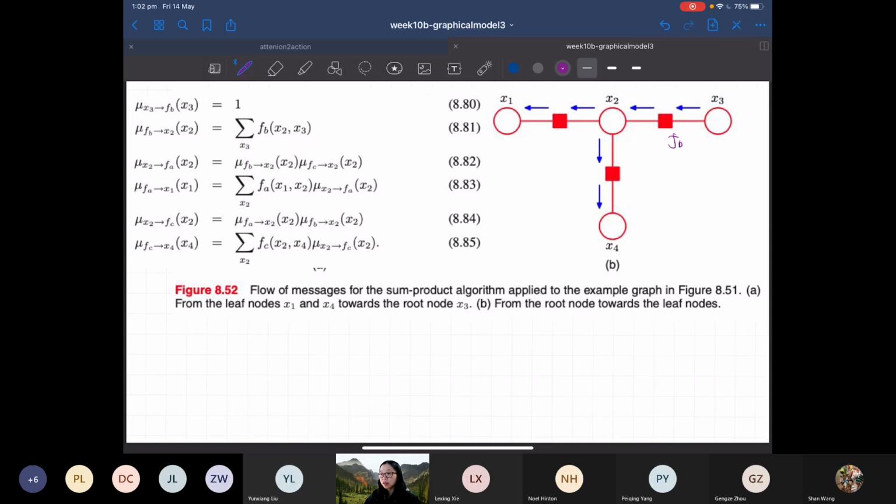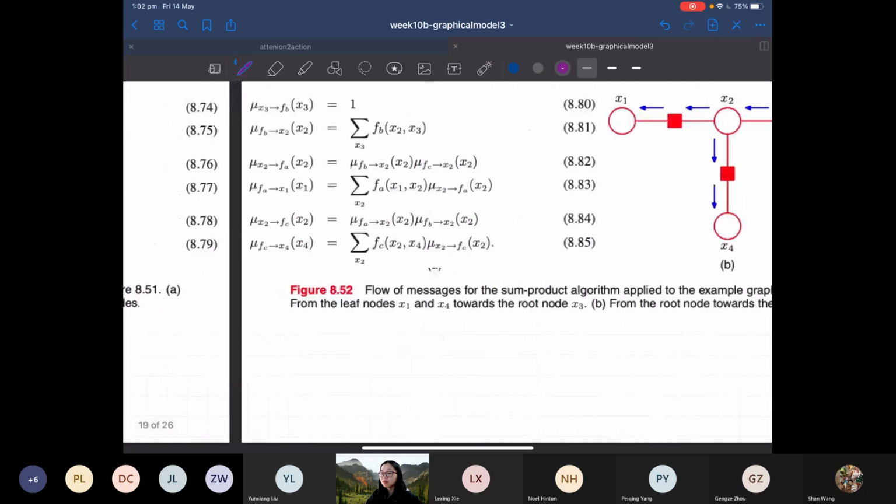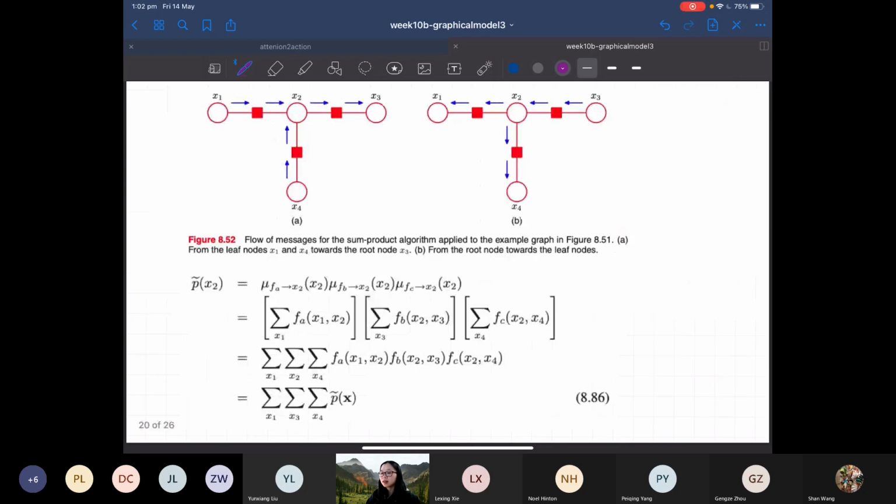What's the advantage of doing this? Once we have these two sets of messages, computing the marginal of any node is essentially a simple pick-and-choose exercise. So if we now want to compute the marginal on x2, we can simply say that the marginal of x2 is the product of all the incoming messages, and we just pick them out.